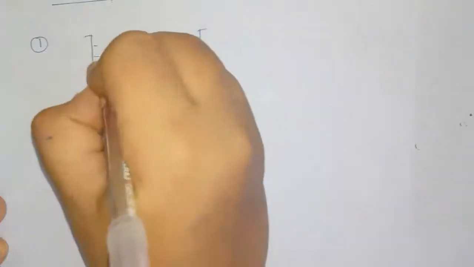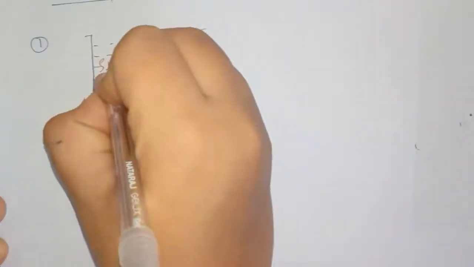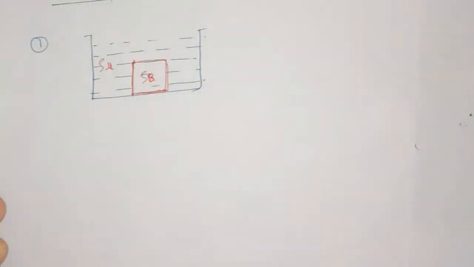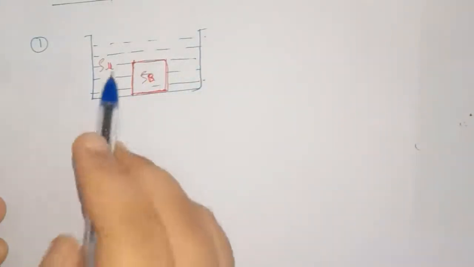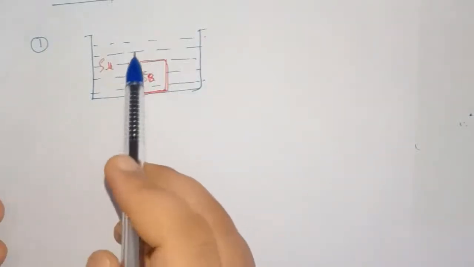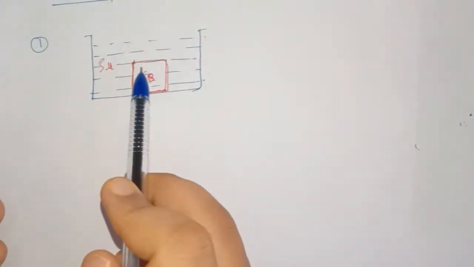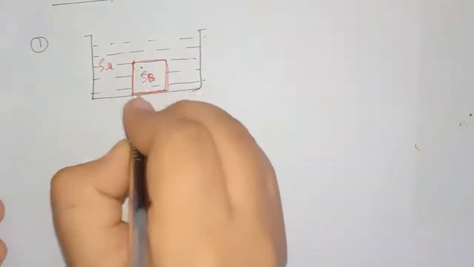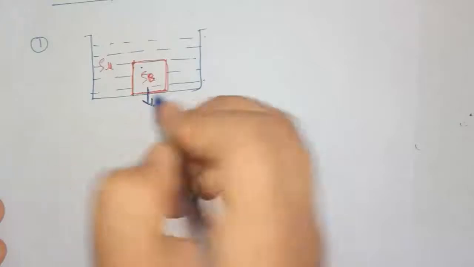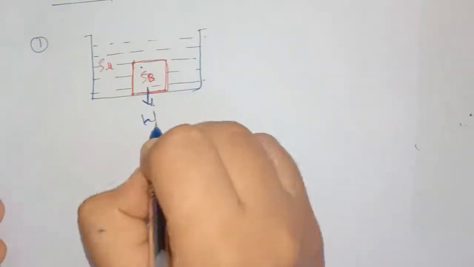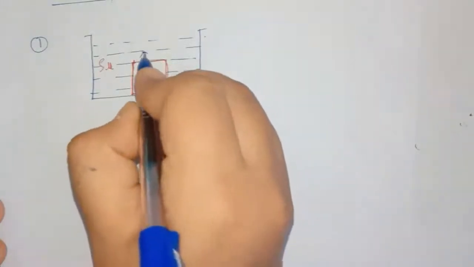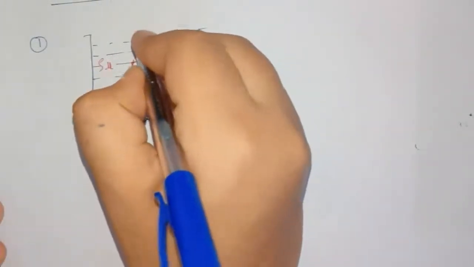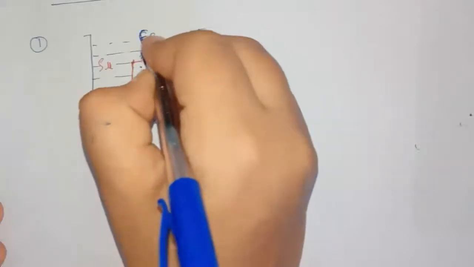Let's see, the density of liquid is ρL and the density of body is ρB. Here, if the body sinks, that means whenever we put the body inside the liquid, there will be two forces acting on the body. One in the downward direction, that is the weight of the object, and one in the upward direction, that is the upthrust force.